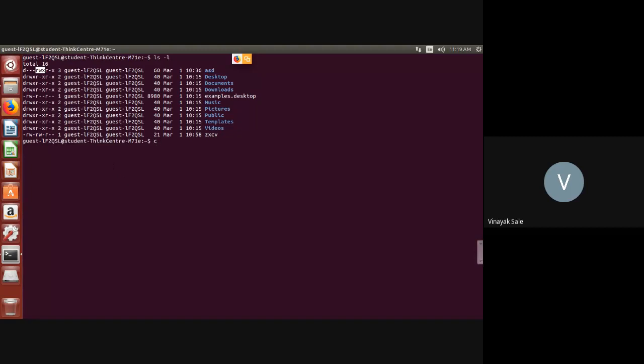Then chmod space g minus w, if you don't want write permission of file ASD, then you will see ls minus l.